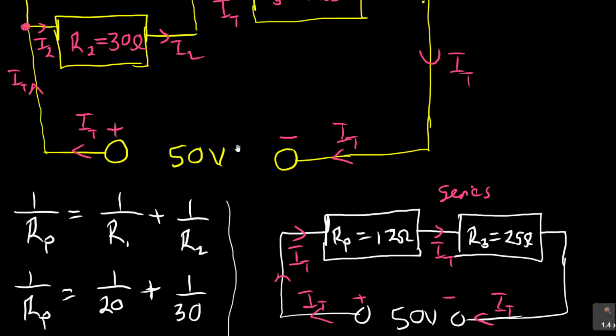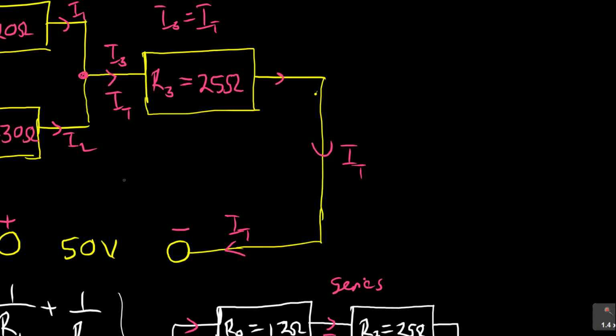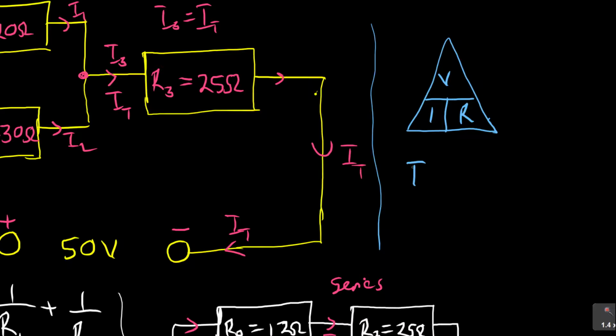Now the current drawn from this 50 volt, you are using the same formula from, as I said, remember, part of your Ohm's law. When they're talking about current, voltage and resistance, always remember your Ohm's law, which is your V, your I and your R. So the current drawn from the supply, meaning your IT, is equal to V, in other words the total voltage, over the R, which is the total resistance.